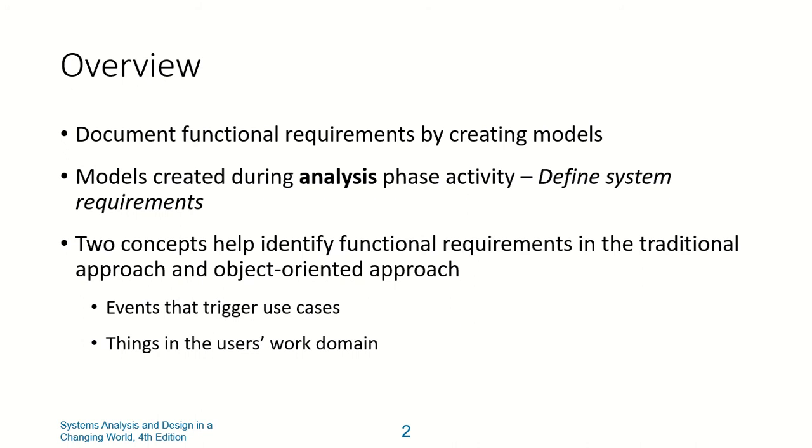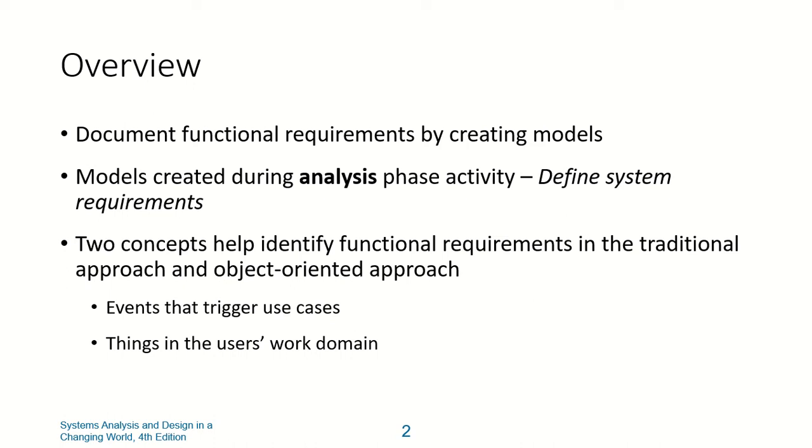So why do we need to model? We need to model because it documents the functional requirements of our system, of our product. Models created during analysis phase activity are also called system requirements.